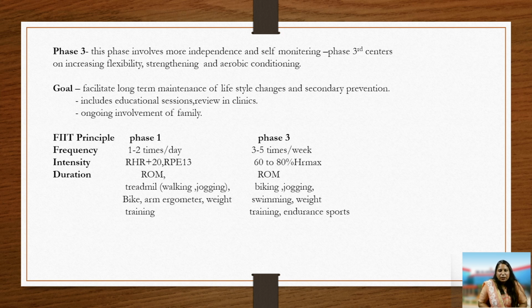And in phase 3, the frequency is 3 to 5 times per week. Intensity is 60 to 80% of heart rate maximum. Duration: range of motion, biking, jogging, swimming, weight training, endurance sports.